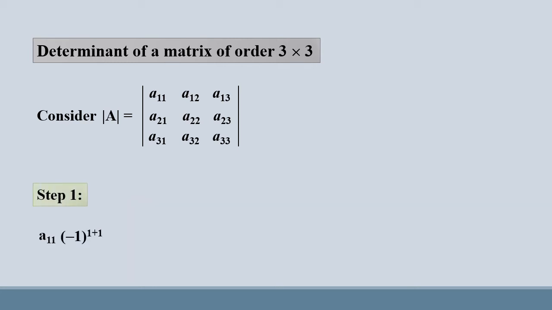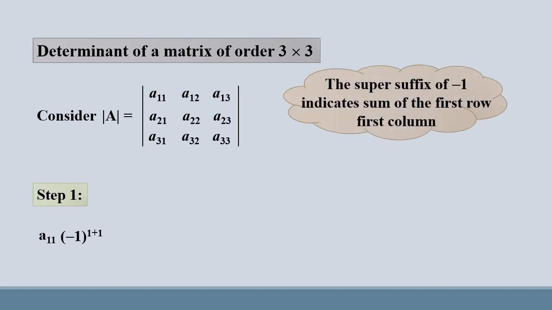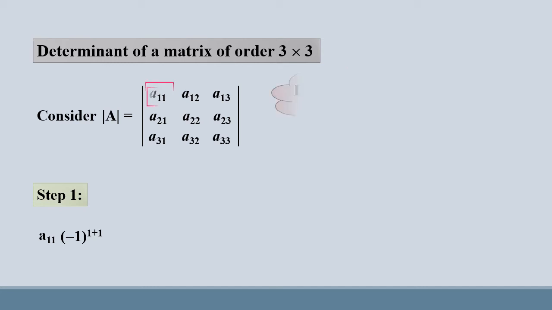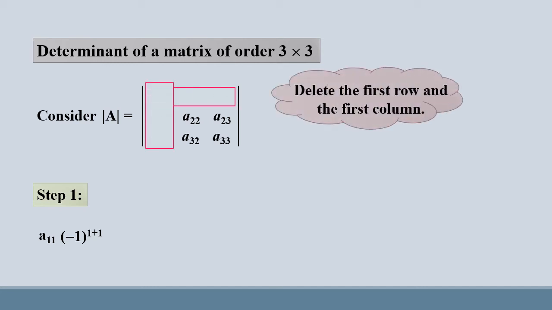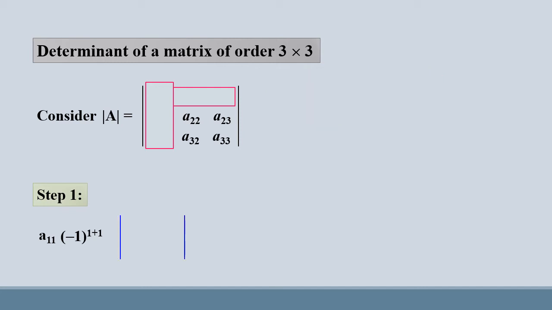Step 1: A11 into minus 1 raised to 1 plus 1. The suffix of minus 1 indicates the sum of the first row, first column. Next, delete the first row and first column and write down the 2 cross 2 determinant A22, A23, A32, A33.